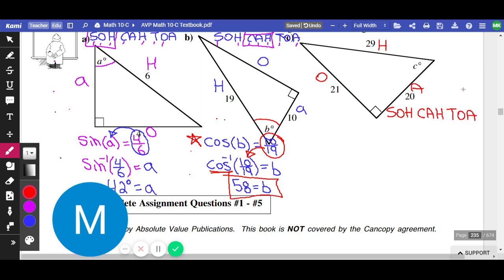And I go to check off my things. I do my three free spaces, the S, the C, the T. But now when I go to check off the sides I know all three. So I'm going to check off O, H, A, H, O, A. I've got all of them.